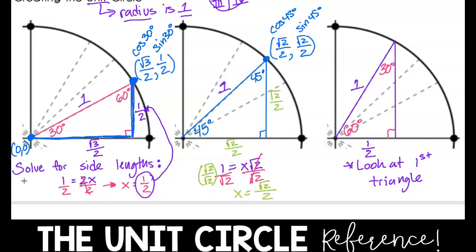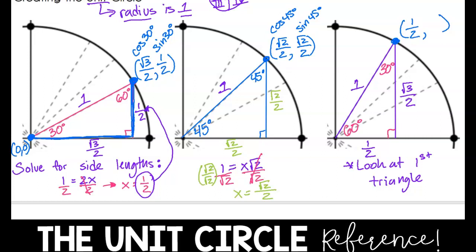What about the side across from the 60? Yes. And this now means, what is our coordinate point for a 60-degree angle on the circle? What's our x value? Yes, exactly.